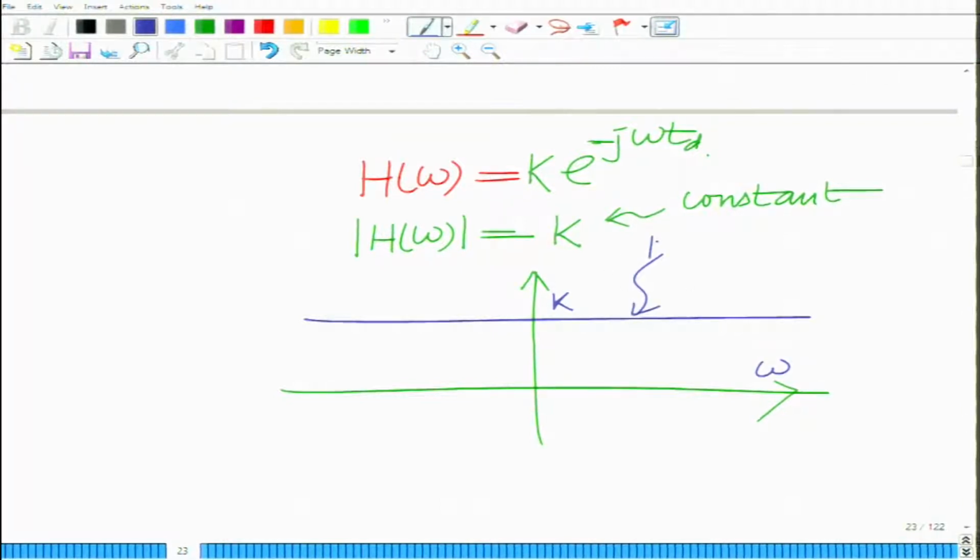So, this is your magnitude of H(omega) equals constant over the entire frequency band.